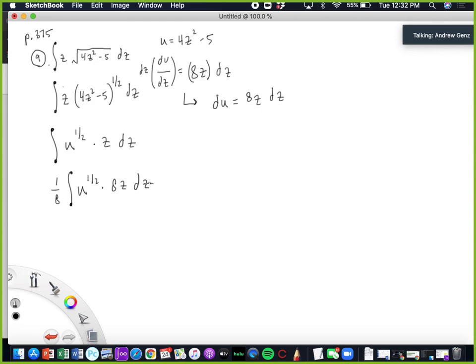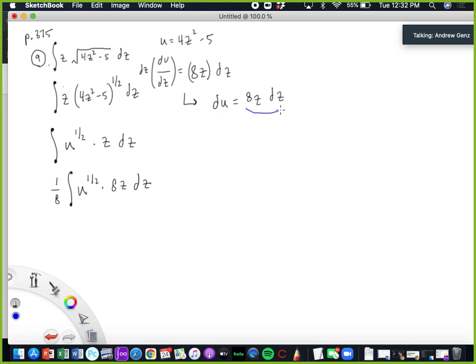I need it with respect to u. So this z alone is not going to do it for me. We can't manufacture an 8 out of nowhere, so we take 1/8 because 1/8 times 8 is 1, right?